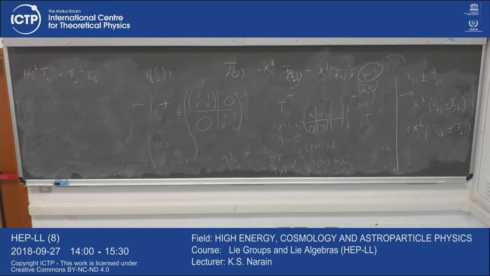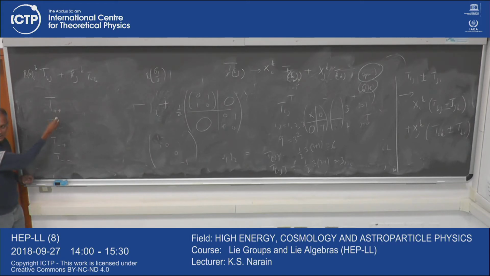And I will label the i and j by the eigenvalues. So I will have 4 components: t plus plus, t plus minus, t minus plus, and t minus minus. By plus, I mean the h quantum number is plus half, because j is half.